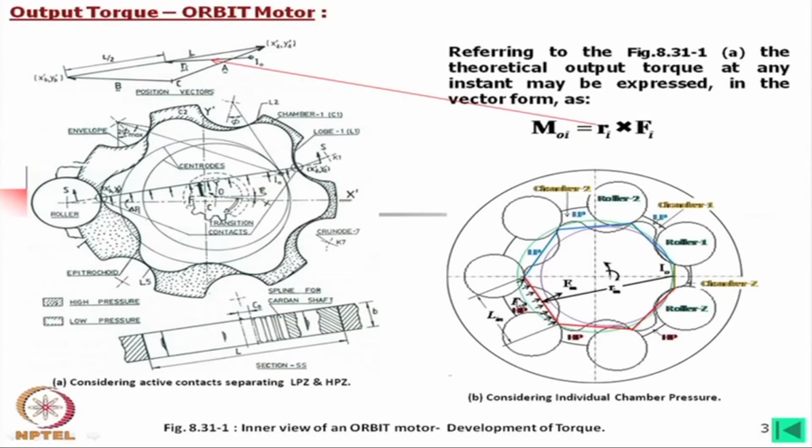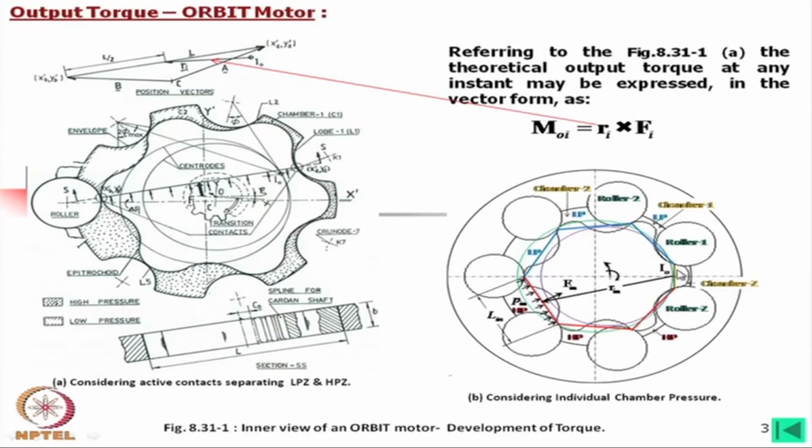We may consider, however, that these are the critical joints which are separating high pressure zone from low pressure zone, and on this side each chamber has equal pressure, which is high pressure. Okay. Here of course, I have considered that this is apparently in neutral conditions. We do not know what the pressure history is.